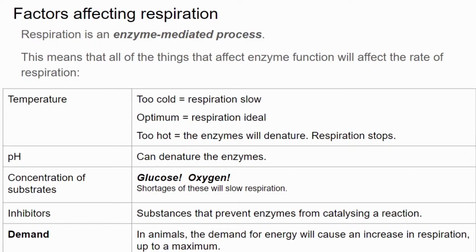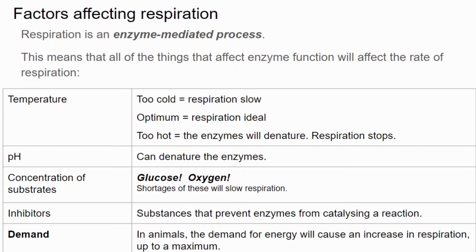Because it's an enzyme-mediated process, if the cells undergoing respiration are exposed to changes in pH, this can result in denaturation of the enzymes, which can halt respiration. What is important is we think about the concentration of the substrates. So we know that this affects enzyme-mediated reactants. And in the case of respiration, we're talking about glucose.